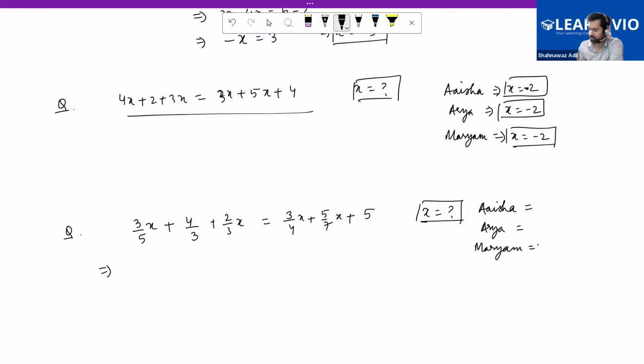I have mistakenly given you weighted. But yeah, this is all for the calculation. Right? Sir, I got minus 1540 by 3. 1540 by 3. Yes. Good.